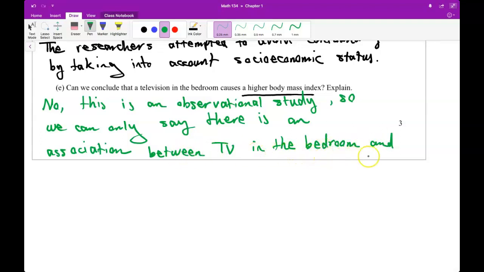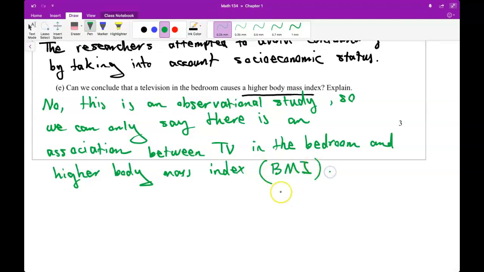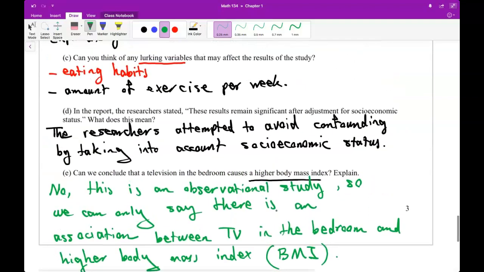Okay, between a TV in the bedroom and increasing body mass index, or higher body mass index, or BMI. Okay, I finished this part.